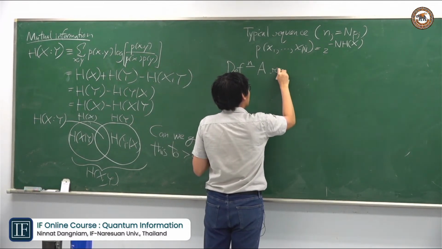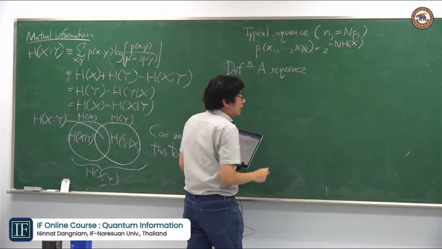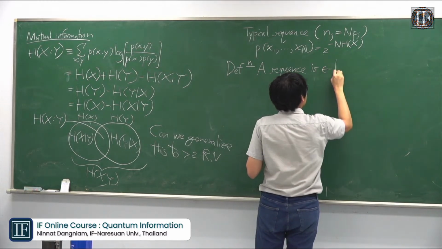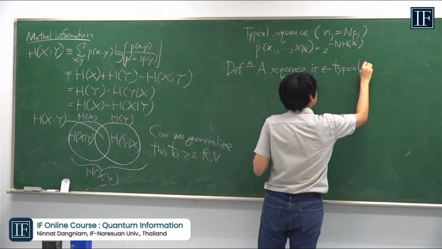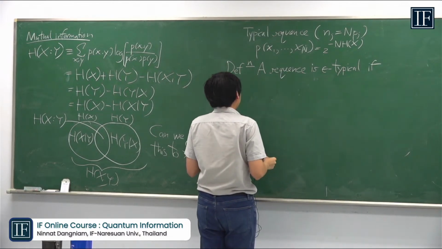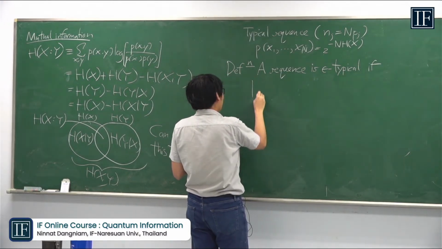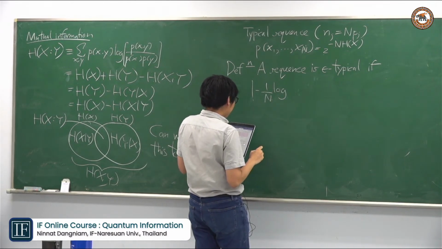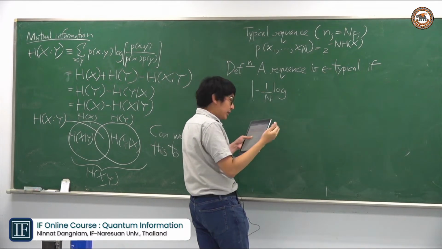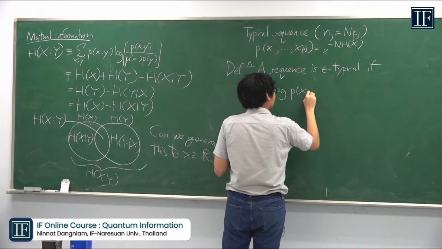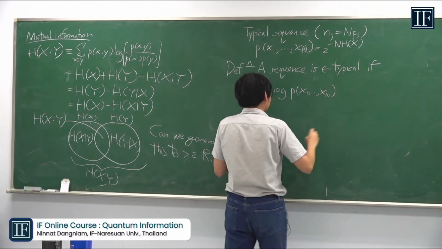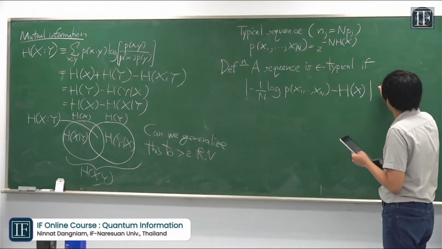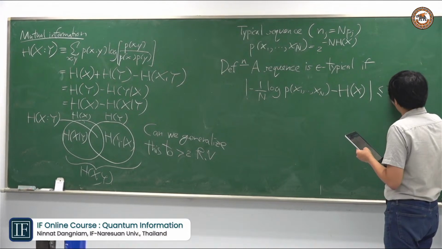So we define not just a typical sequence, but an epsilon-typical sequence, to be a sequence whose empirical entropy, empirical surprisal, is close to the Shannon entropy.